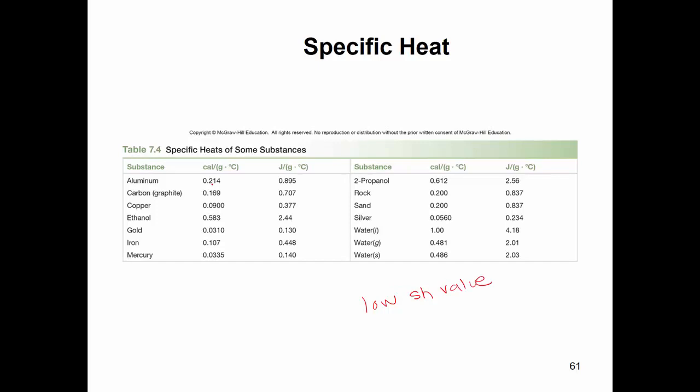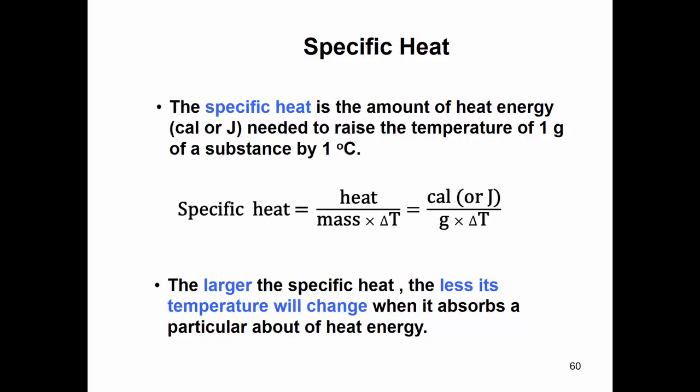So over here, let's compare maybe aluminum and copper. These are specific heats of some substances in this table. If you look at these two values, the lower number is copper. So looking back at our statement, the lower that number, the more the temperature will change for copper.